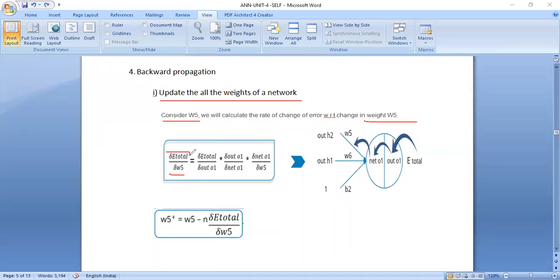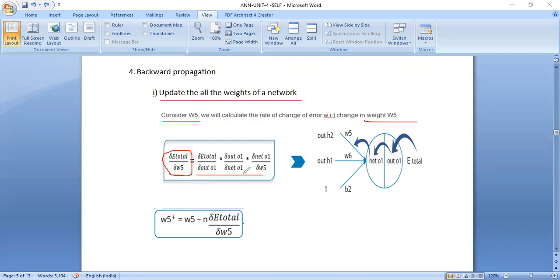This is not a direct formula, because W5 is not directly included in E total. That's because this function can be split into three parts.